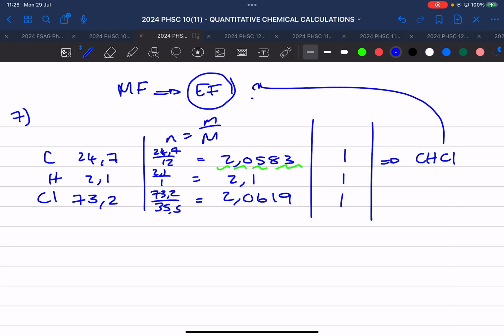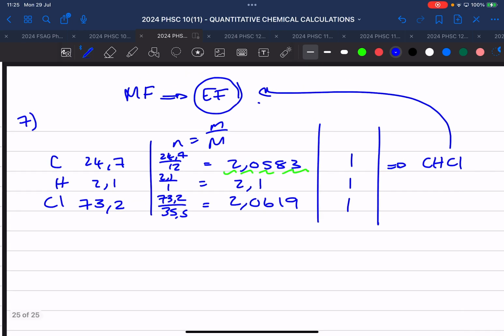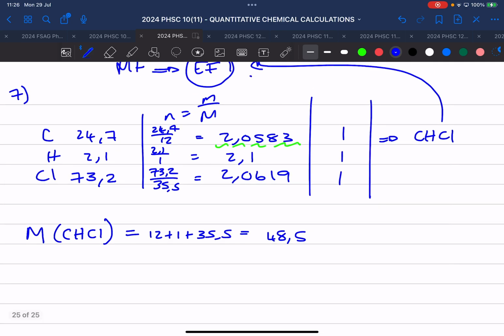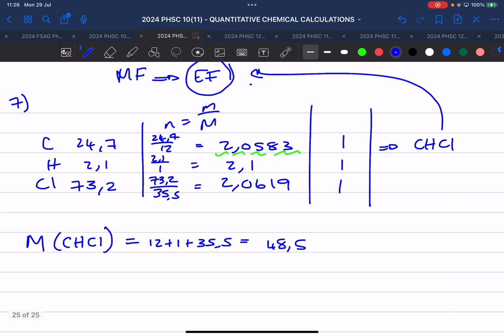But the question was find the molecular formula. So what you're going to do then, you're going to find the mass of your empirical formula, which will be 12 plus 1 plus 35.5. And that gives you 48.5. And then you say, okay, what do they give me? They say the molecular formula mass is 97.